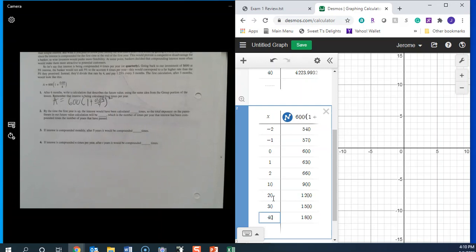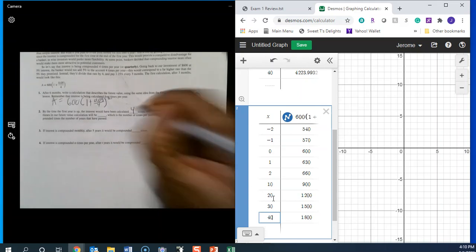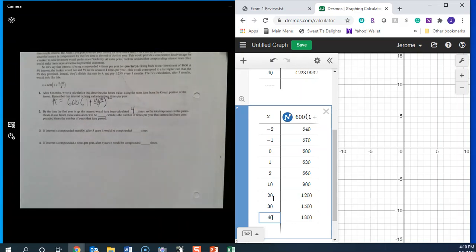Now it says here, by the time the first year is up, the interest would have been calculated 4 times. So the total exponent on the parentheses in our future value calculation would be 4, which is the number of times per year that interest has been compounded times the number of years that have passed.